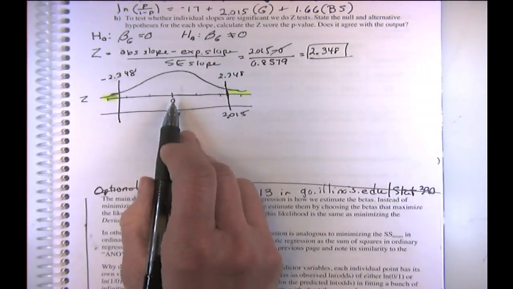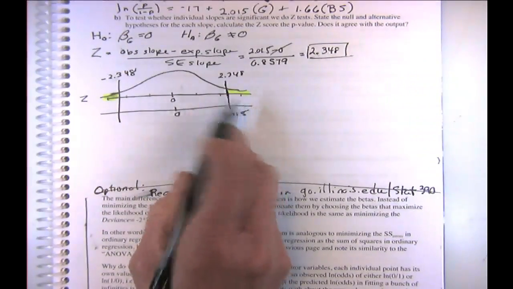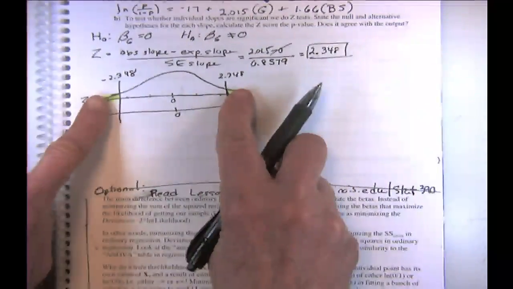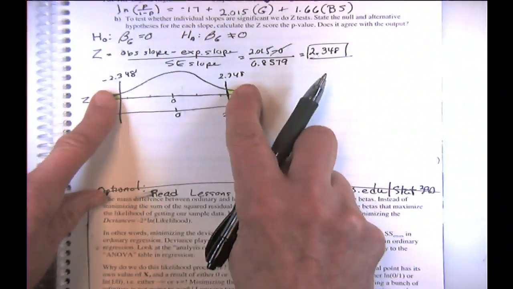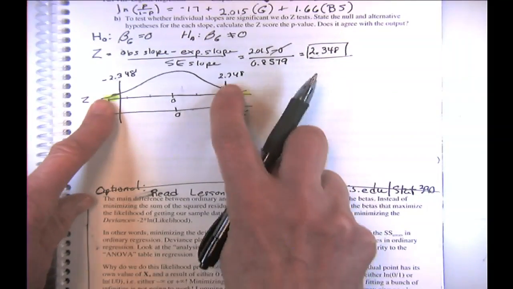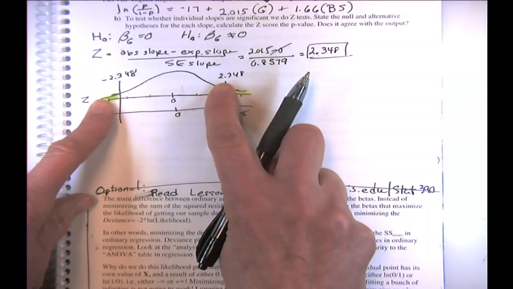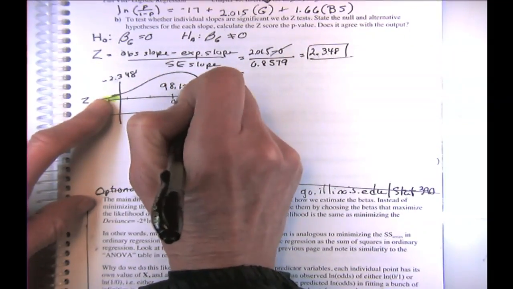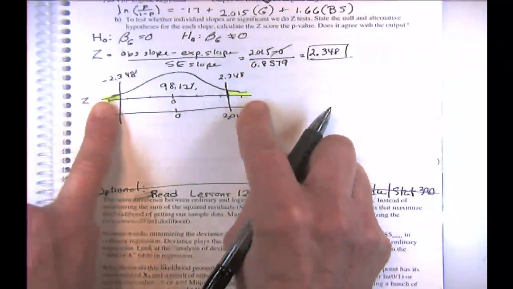So it's the probability of getting that extreme of favoring of one sex or the other. The probability under the null would be the area in the tails there. So we'll just look that up, and I did in the back of the book. 2.35 translated to 98.12%.